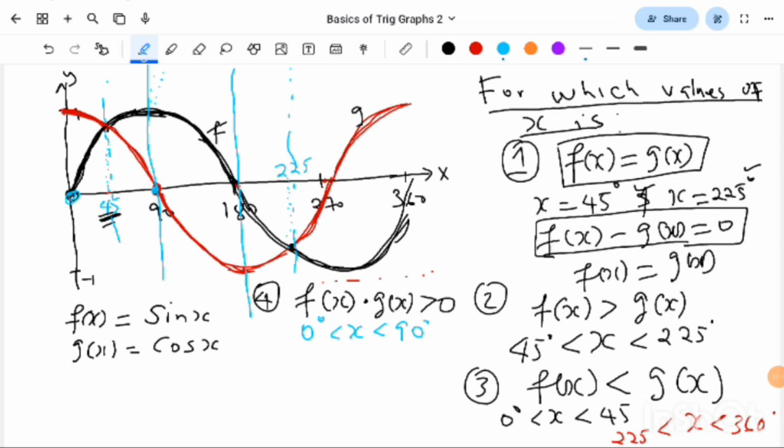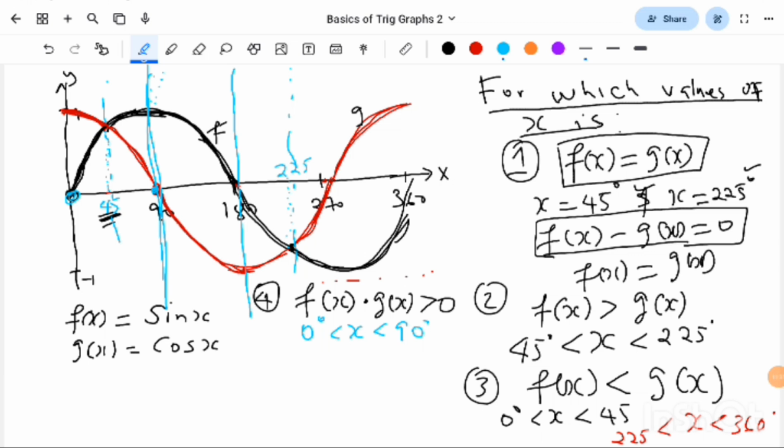So between 90 and 180, what happens? Between 90 and 180, f is at the top, it's above the x-axis, and the g is below. So that does not meet our criteria.